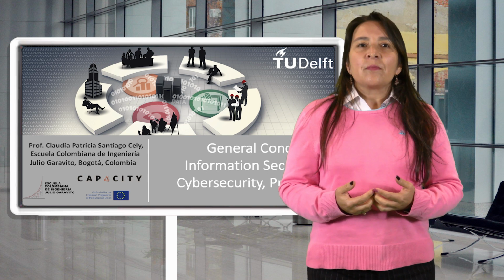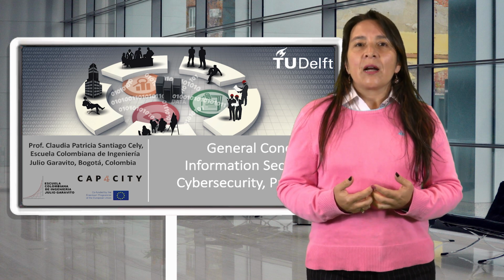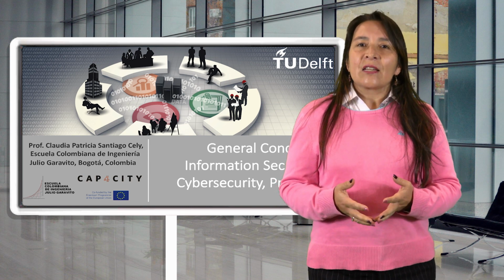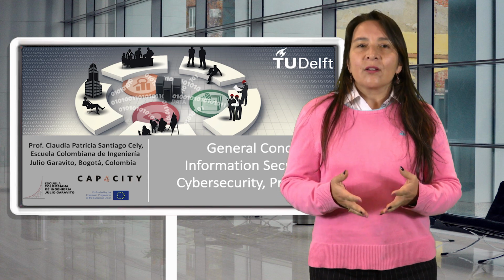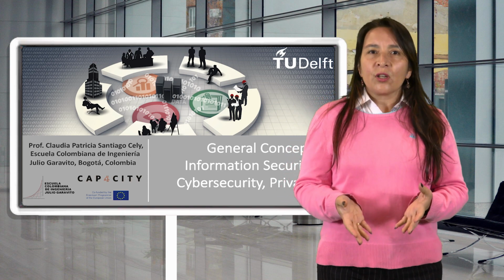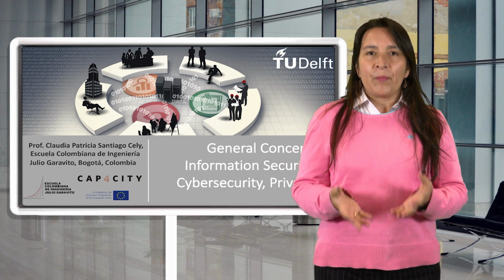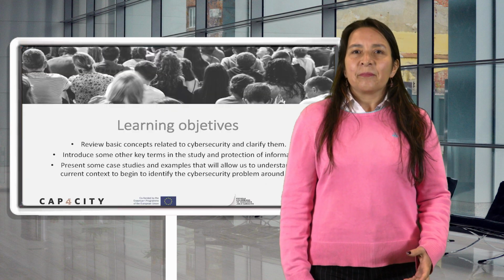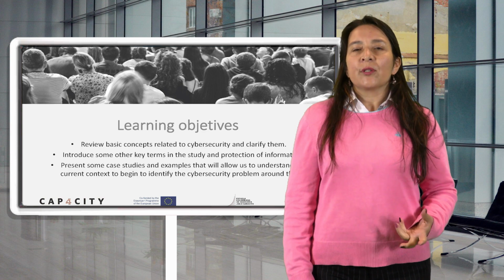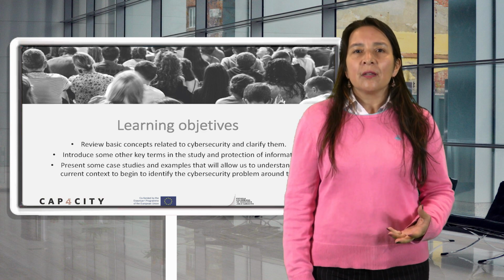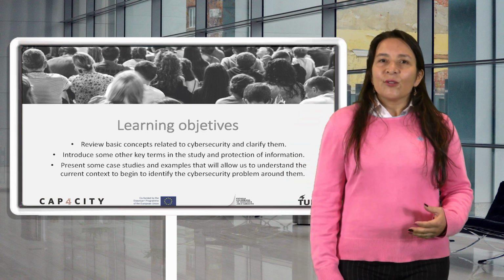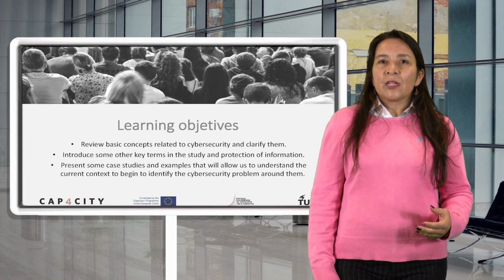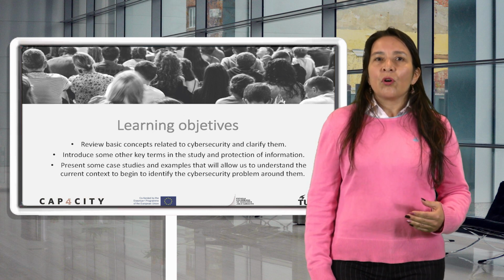This course was developed by the project CAP4CITY, and in this lecture I will talk about basic concepts of information security, cybersecurity and privacy. The learning objectives of this lecture are: first, review some concepts related to cybersecurity and clarify them. Second, introduce some other key terms in the study and protection of information.